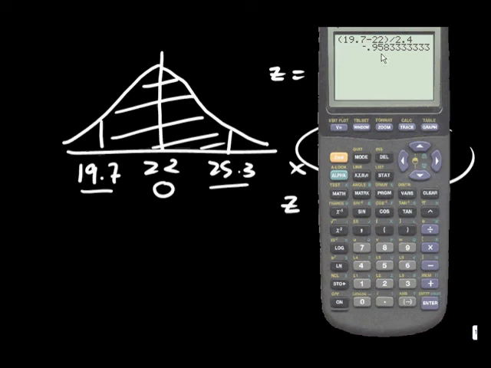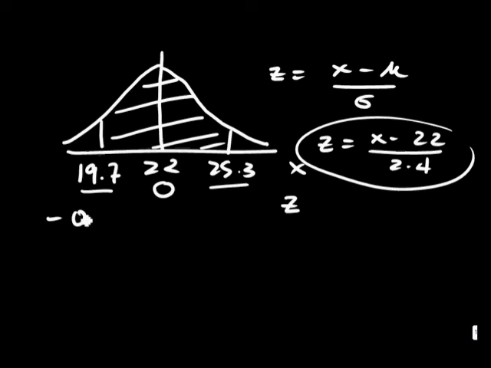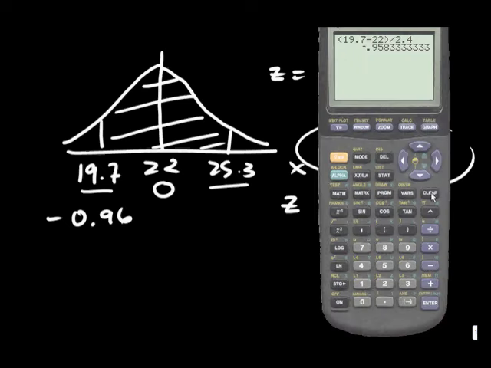Approximating this to the nearest hundredths, the z-score is negative 0.96. Converting 25.3, we find 1.375, or 1.38 if we approximate to the nearest hundredths.